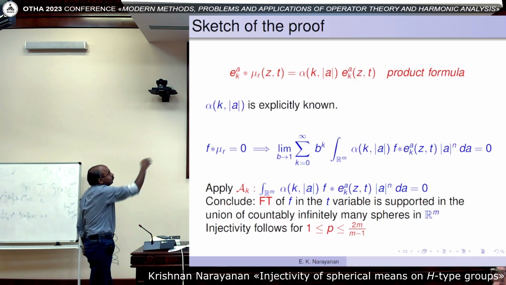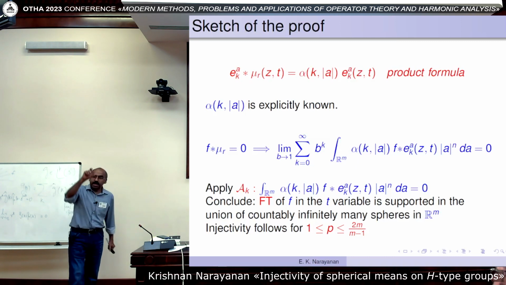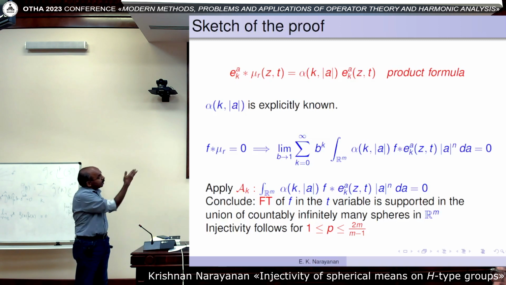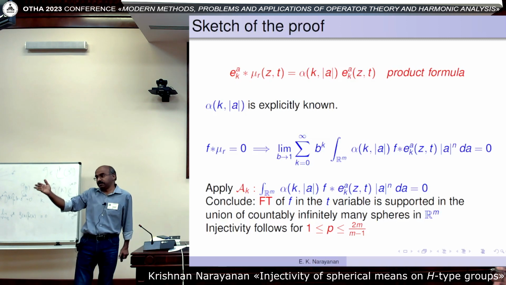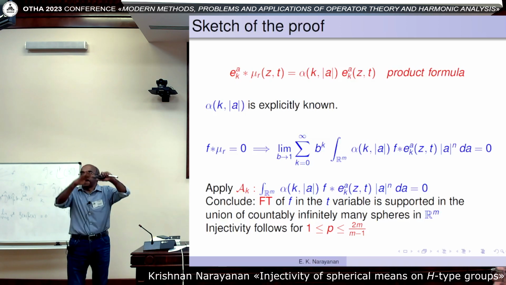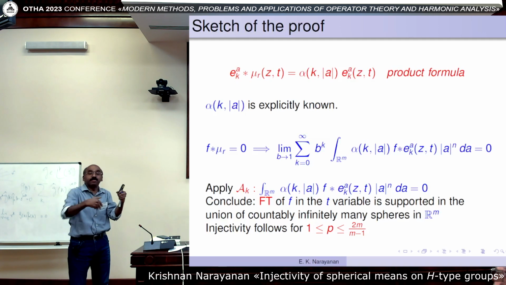Now if you look at the kth piece explicitly, this is now Euclidean analysis. The e_k^a, remember, is the exponential times the Laguerre function. The exponential tells me that the Fourier transform of some function is supported on the zeros of that α_k|a|, but the zeros will be spheres, because it's a function of |a|.